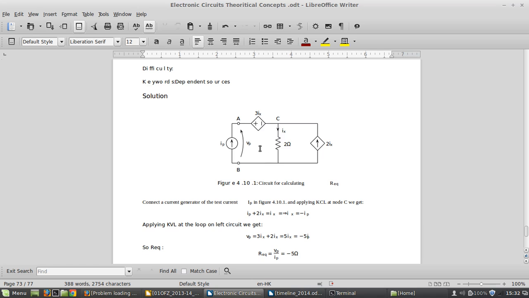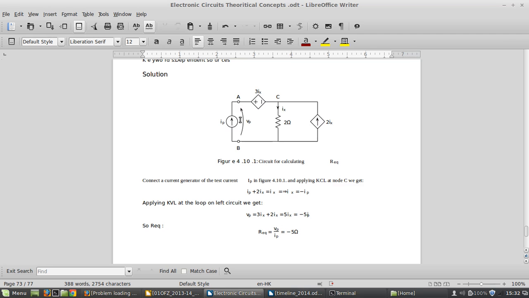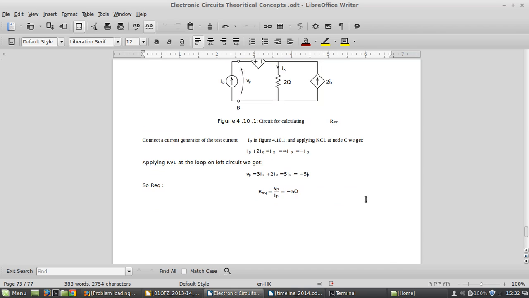And lastly we calculate the short circuit current, because we also need to find the R equivalent. So for the short circuit current, the whole portion of this is nullified.